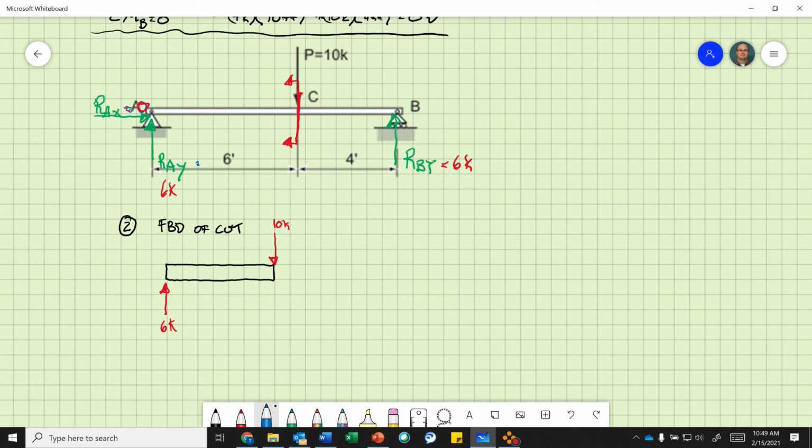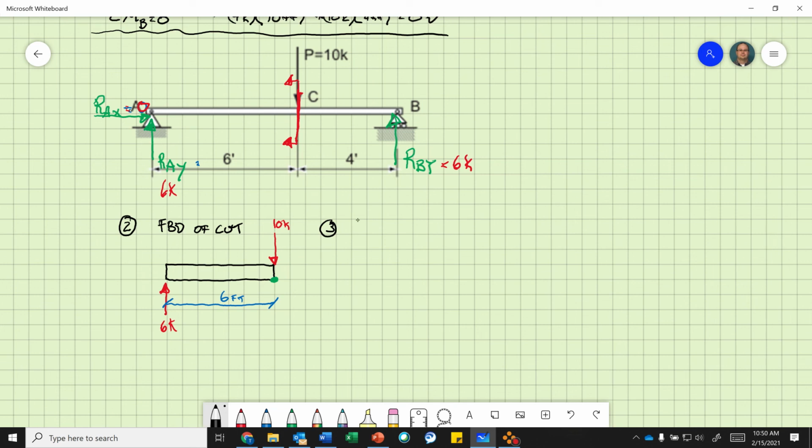Okay, and then we know the dimension from here to there is 6 feet. Okay, so our cut point, remember, is right here, and this will be our imaginary rotation point, right there.